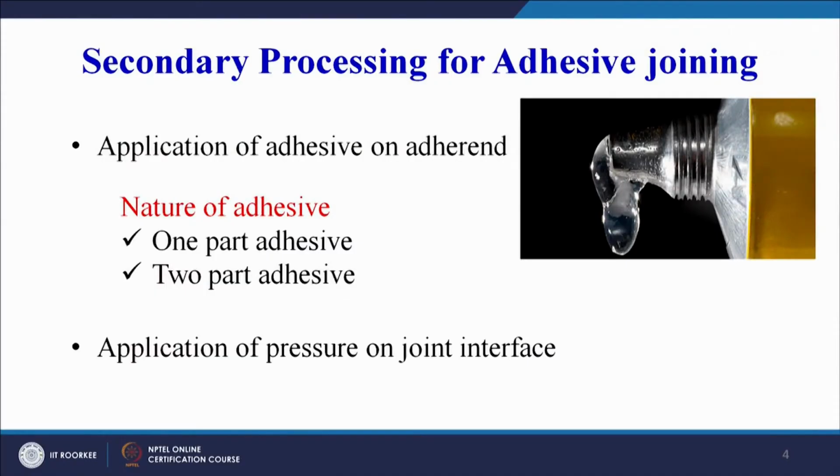We are not today focusing specifically on polymer composites. In a general sense, adhesive joining can be used both for polymers and polymer based composites. So first is cutting of the part as per the designed dimensions, then edge preparation, then application of the adhesive on the adherent. Adherent is the part that we want to join together.